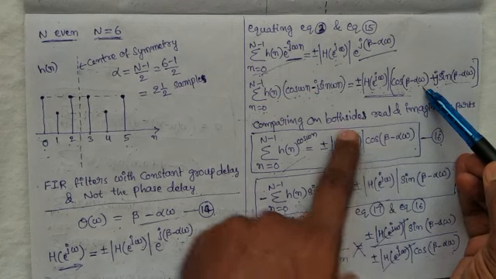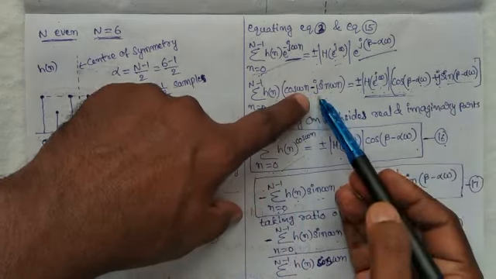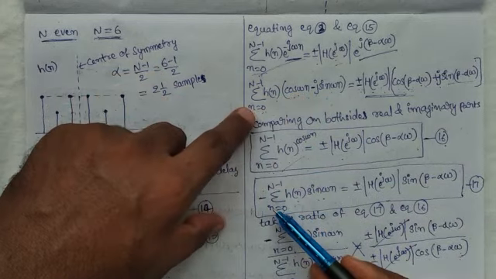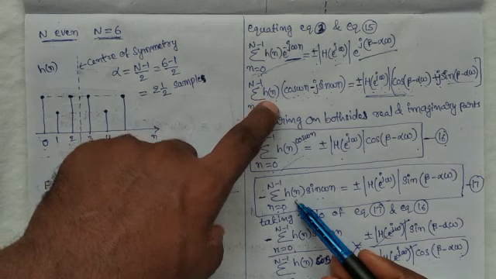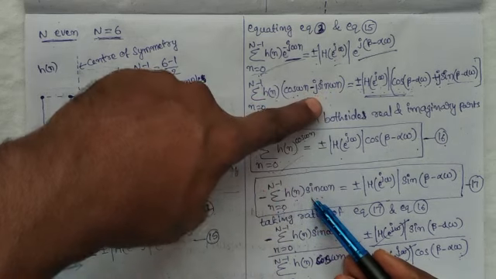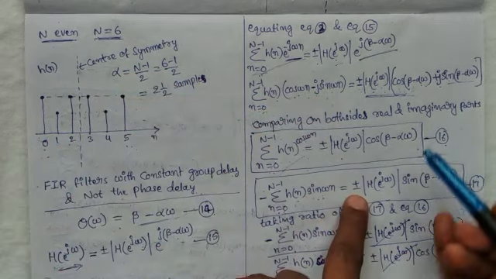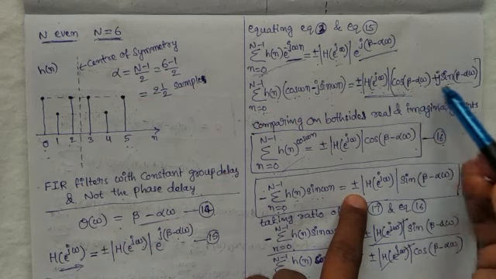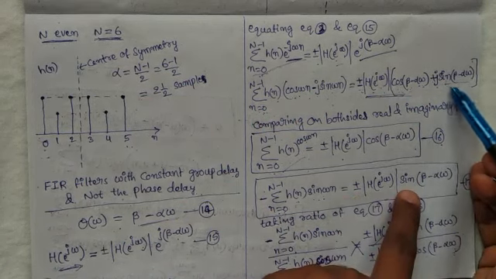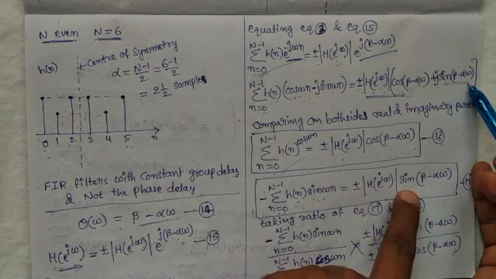Similarly for the imaginary part, with the minus sign: minus summation n equals 0 to capital N minus 1 h of n into sin omega n is equal to plus or minus mod H of e power j omega into sin of beta minus alpha omega.